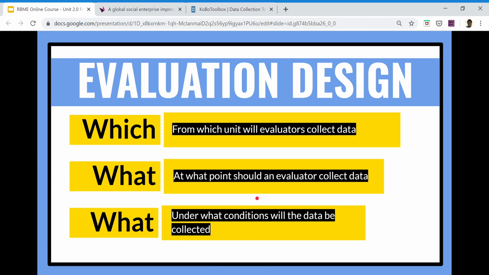You can also have the panel design, or what you call the longitudinal design as well, in which you could collect data from individual or the community level or the institutional level. The points at which you collect the data, for example, if it's a program for 5 years, you might decide to be collecting the data every year, right?